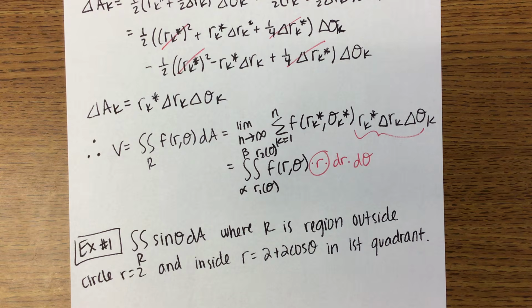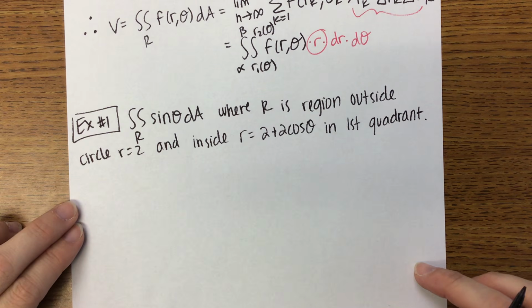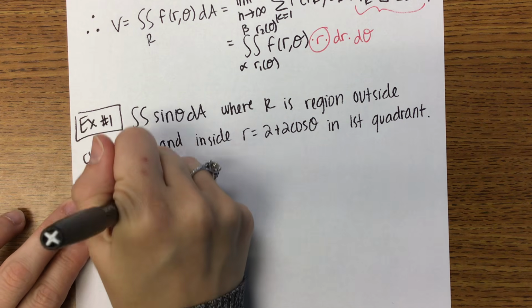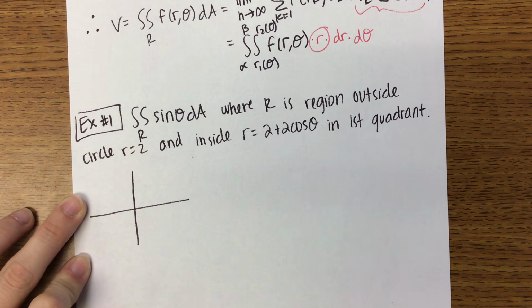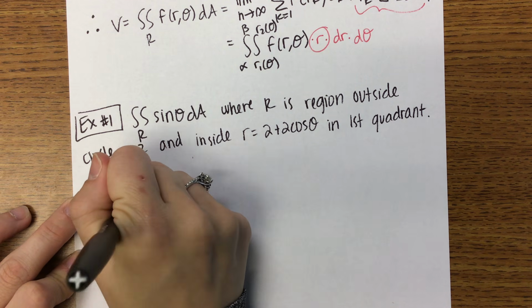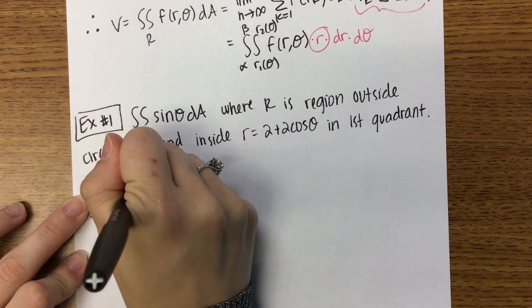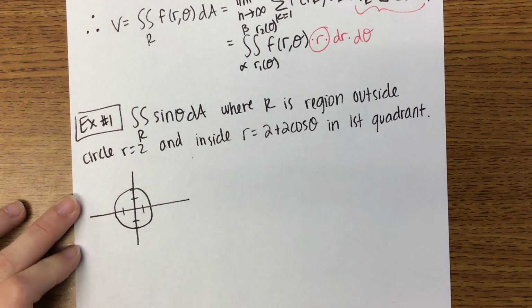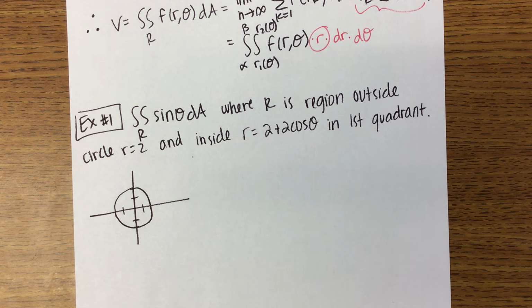Okay. In order to figure out our bounds, we're going to have to draw a figure. So let's start with that. R equals 2, you should be fine with. Sorry that my circle isn't amazing.